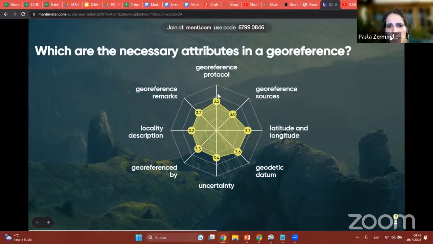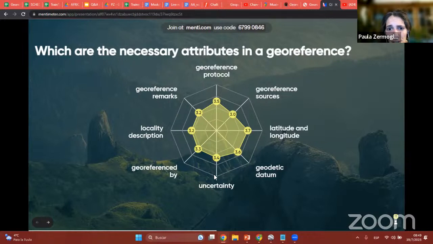The others we're going to discuss a little bit in a slide that I'm going to show in a moment. But this one here, to me, is super important that you all understand. If we don't have coordinates, we don't have a georeference, for locations that can be georeferenced. If we don't have the geodetic datum, the coordinates mean nothing, basically.